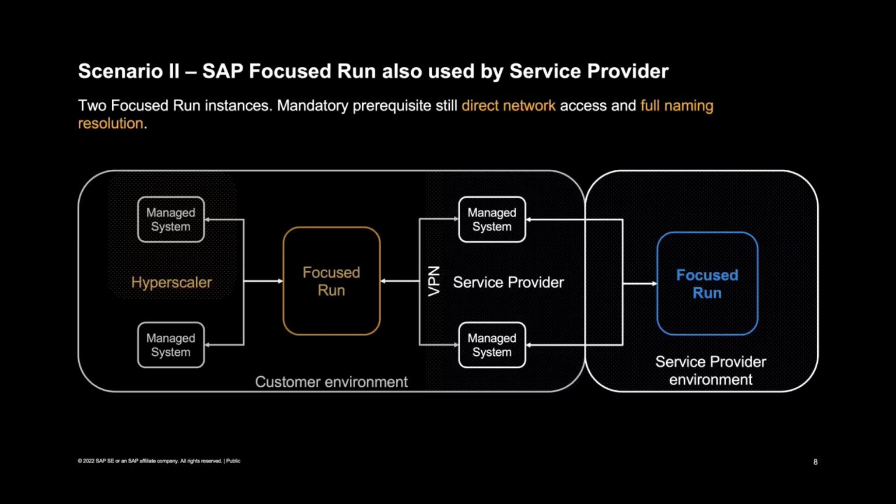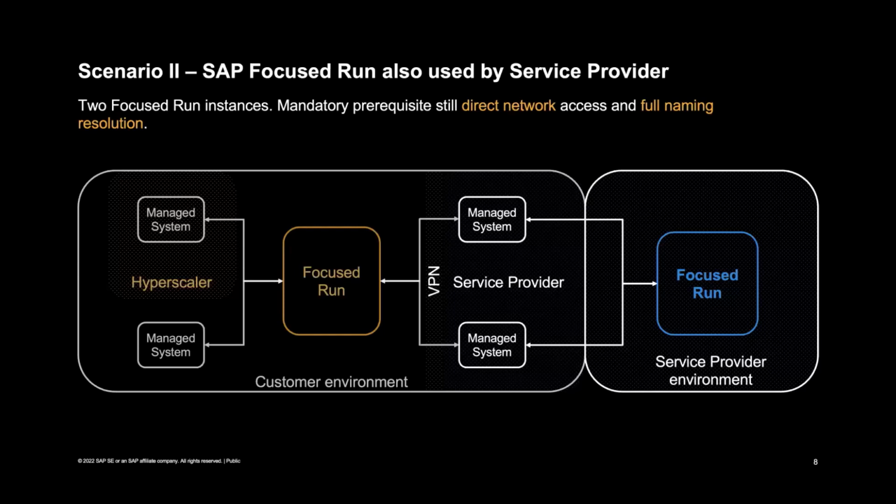And we have seen quite a lot of service providers which are operating one shared Focused Run system for all the managed systems they are hosting for multiple customers. And the customer on top can also operate his Focused Run system with usually different functionalities. So a customer would then use his own Focused Run system not with the same scope as the service provider, but with a different scope more on the application monitoring, so monitoring interfaces, monitoring jobs, and so on.